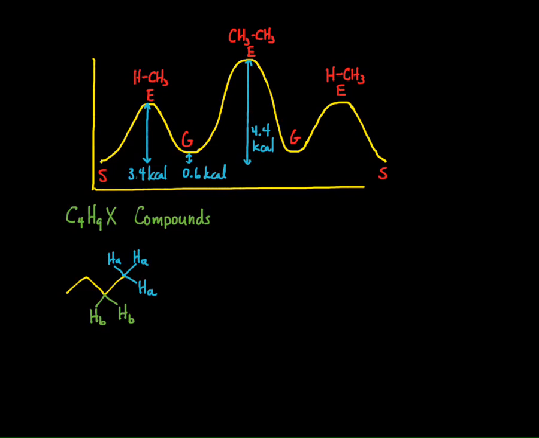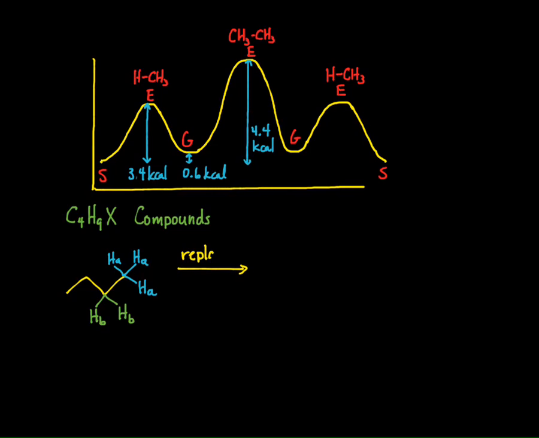So with butane, we see that there are two different types of hydrogens. We have two methyl groups at the end. We have two methylene groups in the middle. And those methylene groups happen to be equivalent because there's symmetry involved, and they are connected to the same substituents. So we have a methyl hydrogen, HA, and a methylene type of hydrogen, HB.